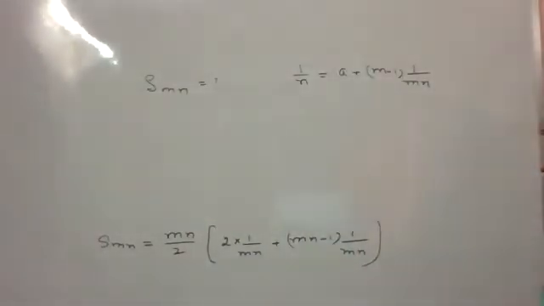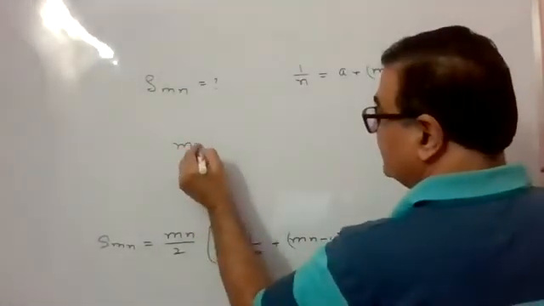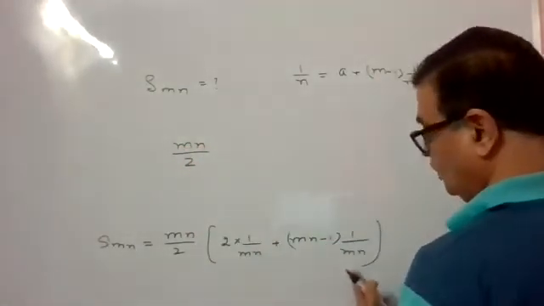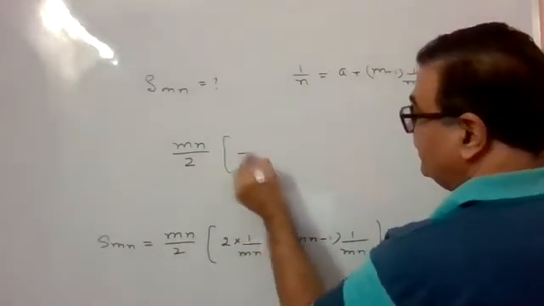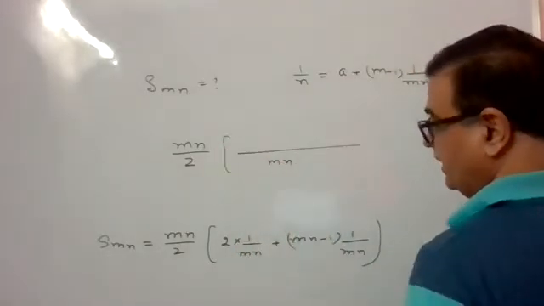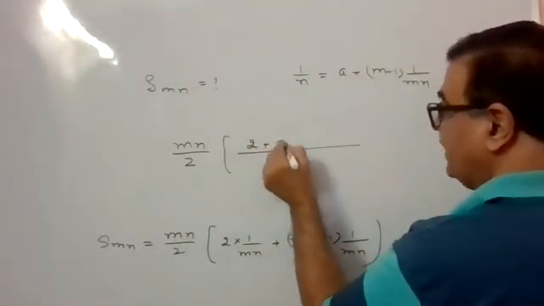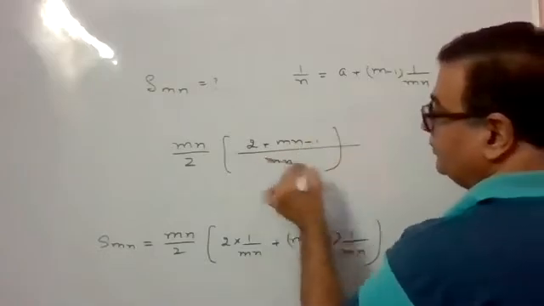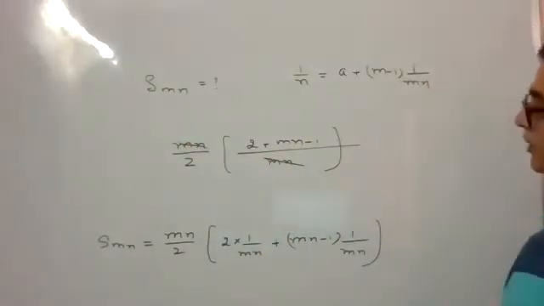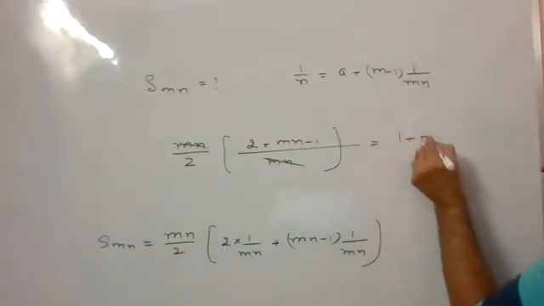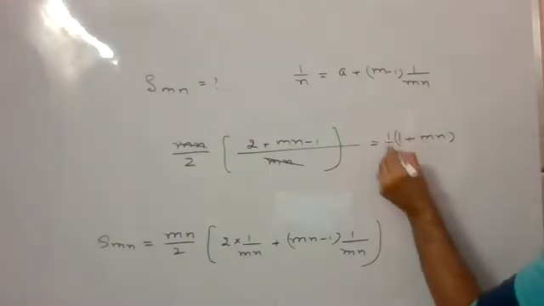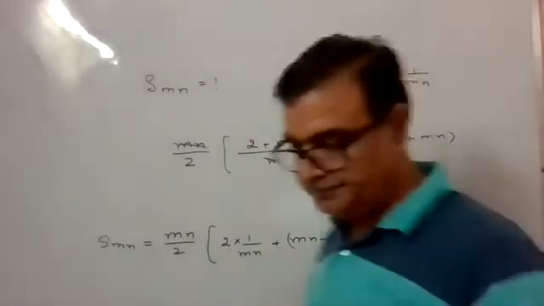Then what this result will become? mn by 2, LCM will be mn here. Left is what? 2 plus mn minus 1. This mn and mn cancel out. So I got the answer 1 plus mn by 2. This is the answer.